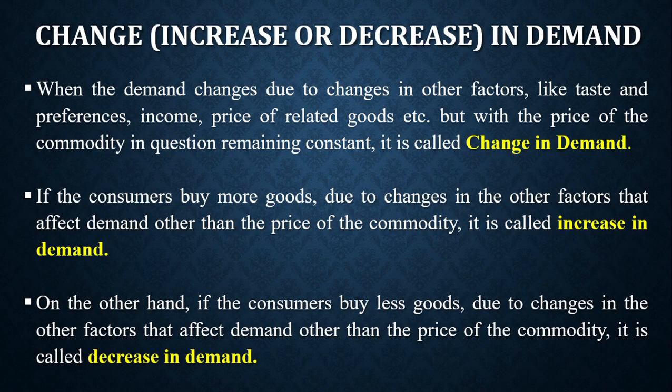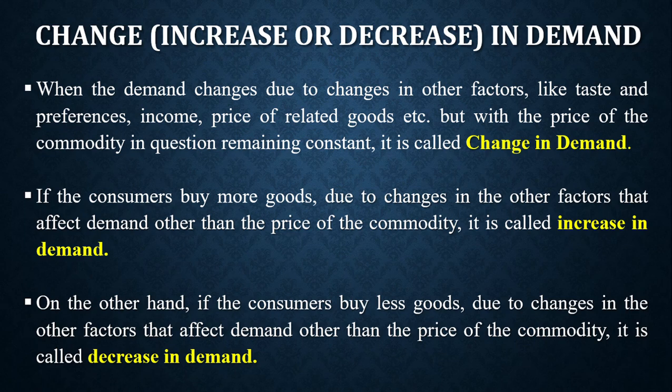Now the next is change in demand. When the demand changes due to changes in other factors like taste and preferences, income, price of related commodities, etc., but with the price of the commodity in question remaining constant, it is called change in demand.